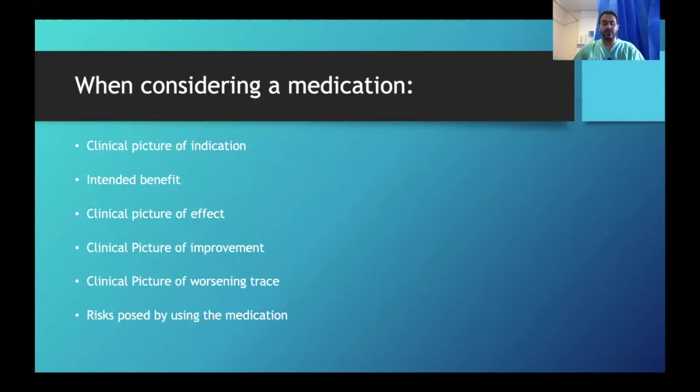And it's also important to realize, what if my medication is not working? Or what if my medication is actually making things worse? What is that supposed to look like? Does that make sense? Okay. And does my medication add any extra risk to this baby?